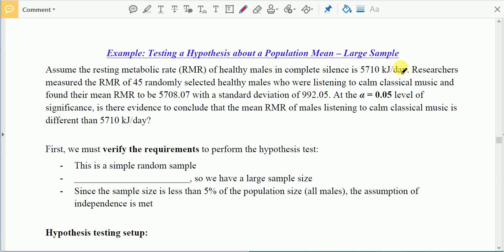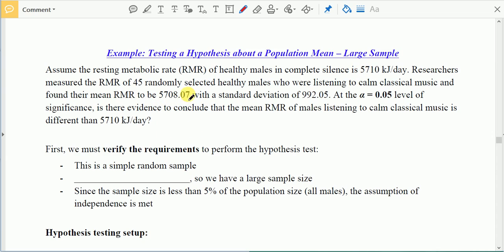Now the researchers measured the RMR of 45 randomly selected healthy males who were listening to calm classical music, and they found their mean to be this value instead of this one.